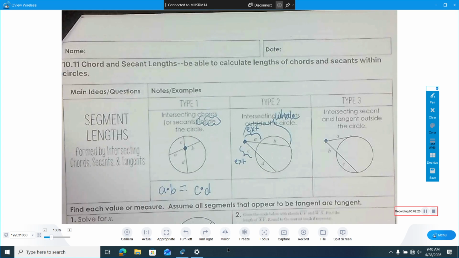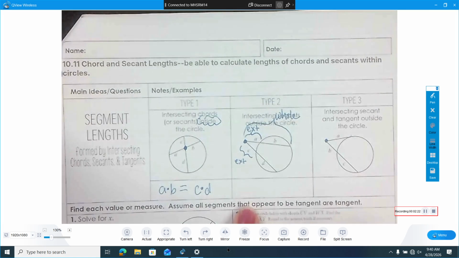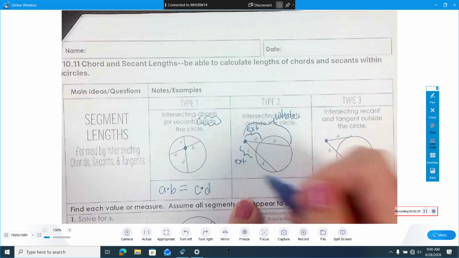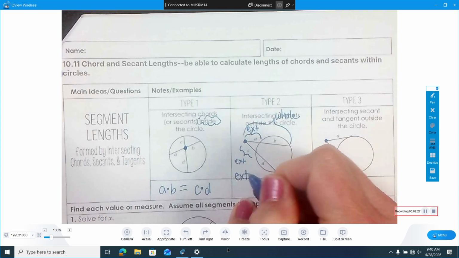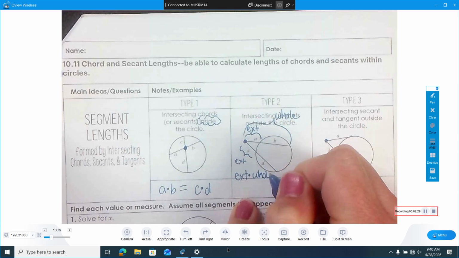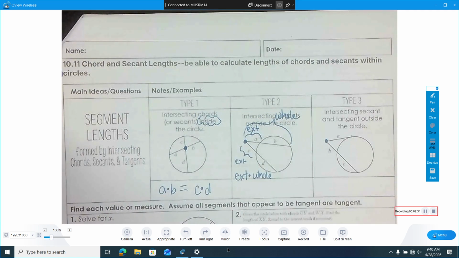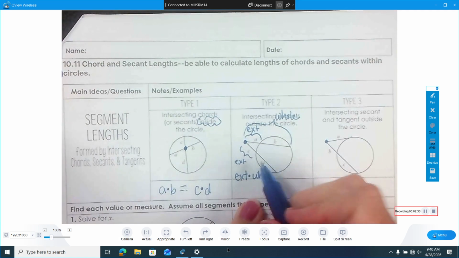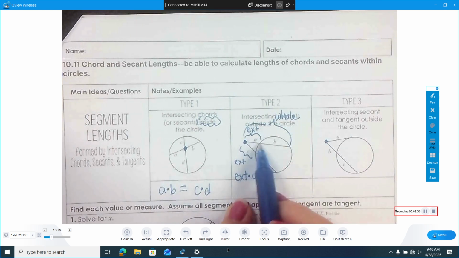For these two types the same type of relationship occurs. It's just exterior times the whole thing. Exterior times whole.